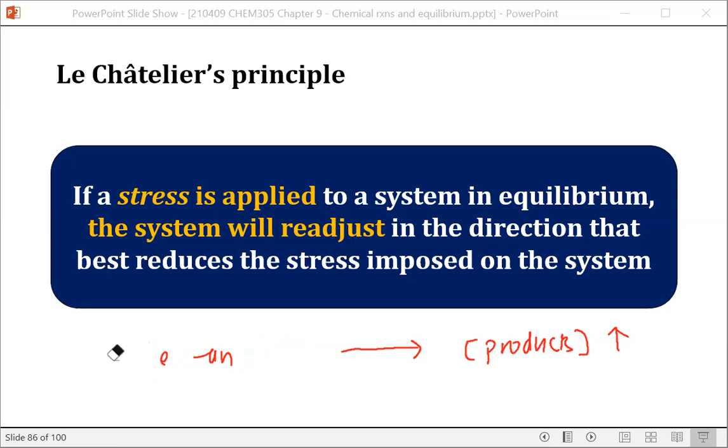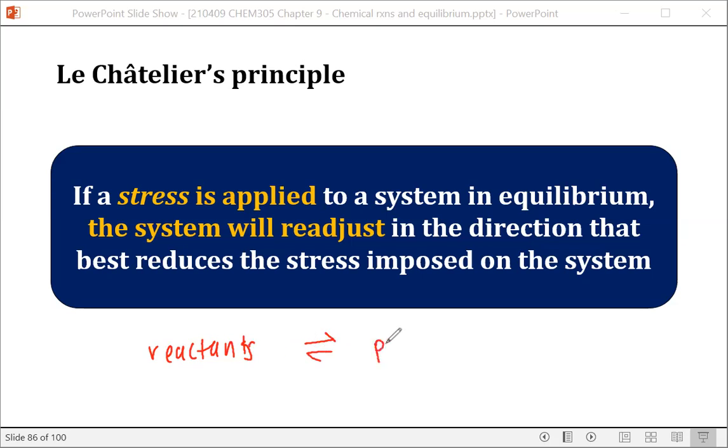Another thing that could happen, let's say we have reactants in equilibrium with products. Let's say you decrease the concentration of products. If you're essentially taking away products, that's a stress to the system.